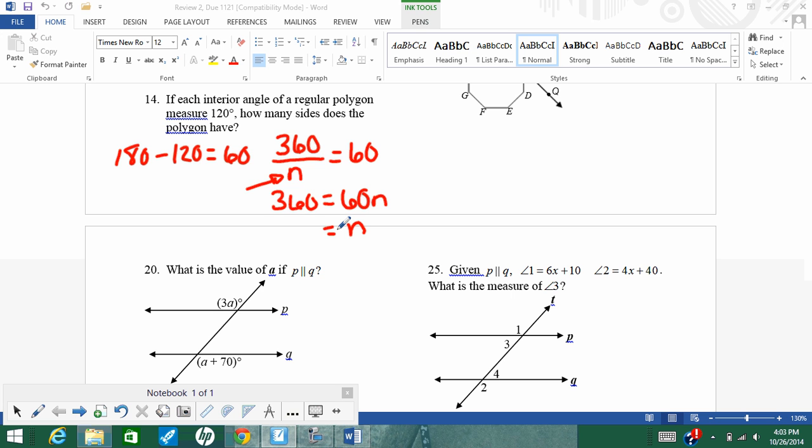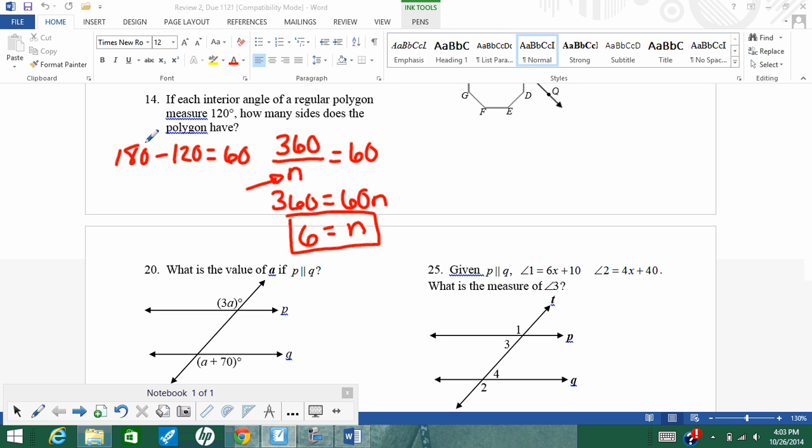Hold with me. It's going to be 6. So this guy has 6 sides, which makes it a hexagon.